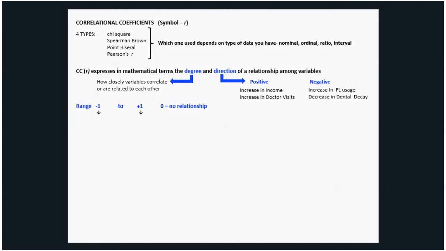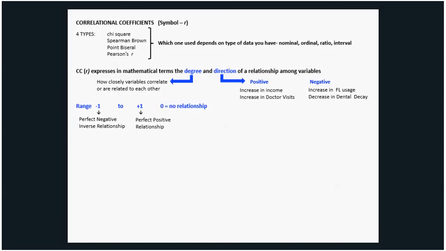Now, your range for correlational coefficients goes from -1 to +1. 0 means there's no relationship. A -1 is a perfect negative or inverse relationship. A +1 is a perfect positive. Very seldom do you have a perfect negative or a perfect positive relationship.